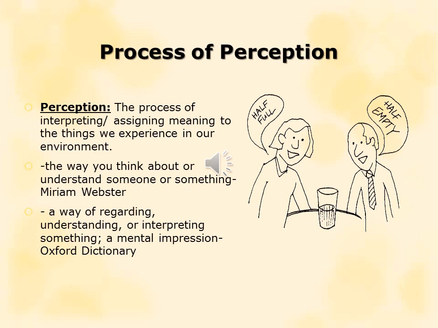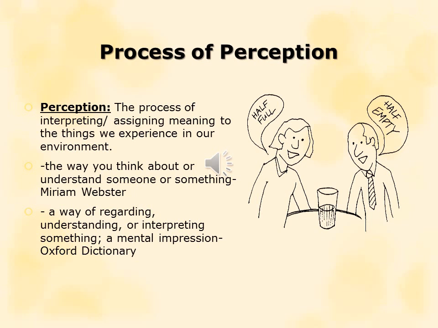This is an example perhaps of somebody who is an optimist on the left, with the glass half full, versus a pessimist on the right, where the glass is half empty. The glass itself is one half of a glass of water. In and of itself it has no meaning, but the individuals, when viewing it, assign meaning to it.